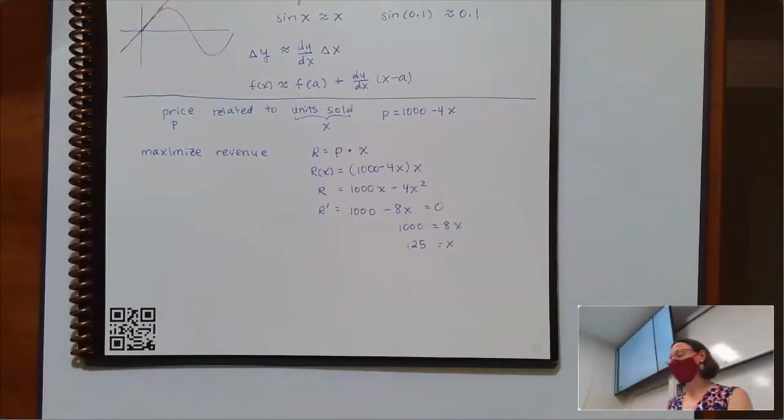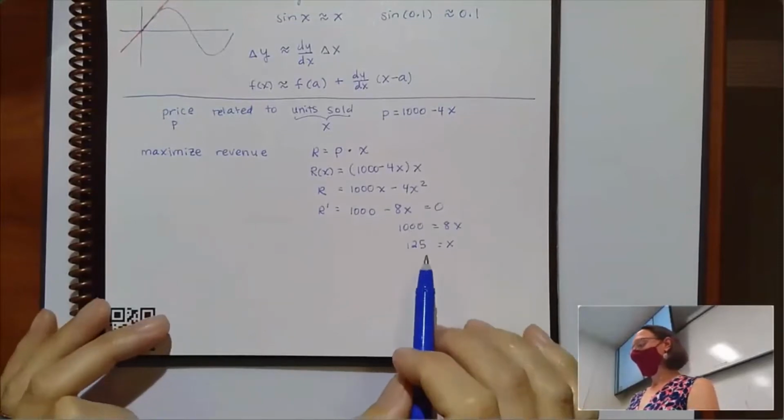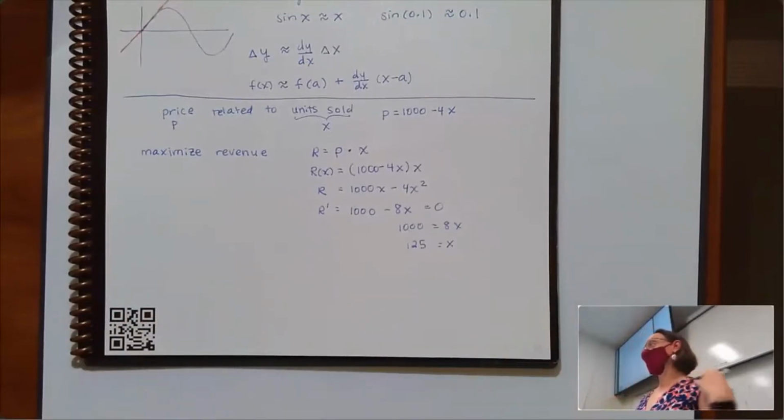Now, one of the things that is probably important to think about is what are possible values of X. So X is the number of units sold. I definitely cannot sell a negative number of units of something.